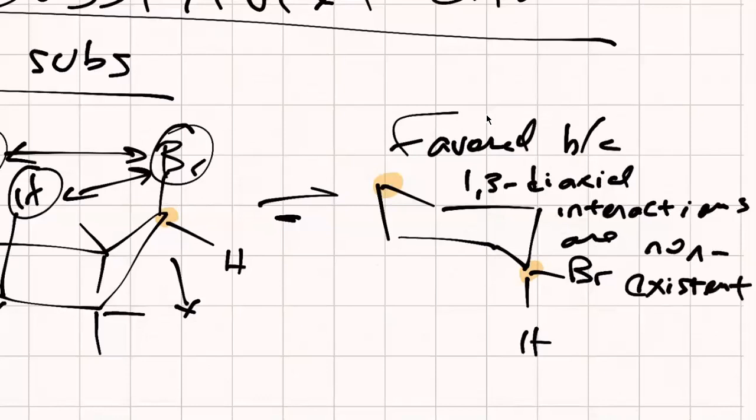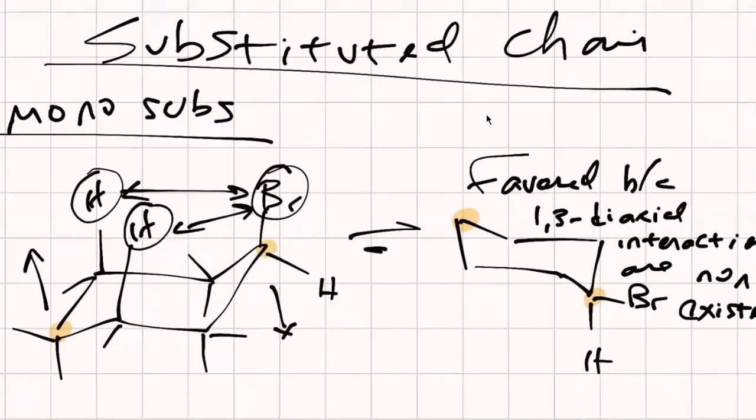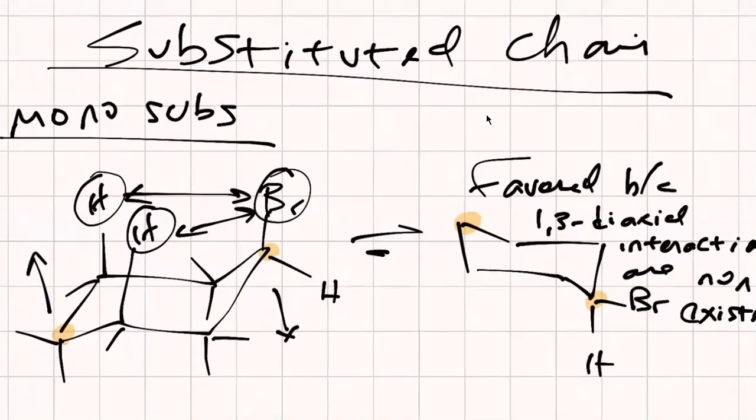Right, so the 1,3 diaxial interactions over here are alleviated when you do a chair flip. So that's why conformational mobility matters.